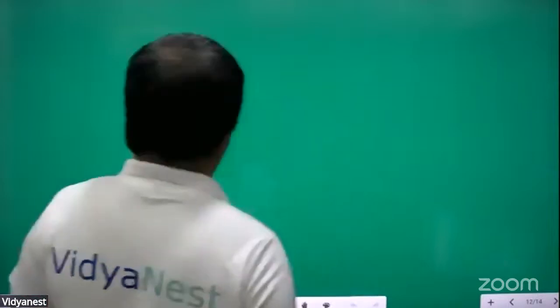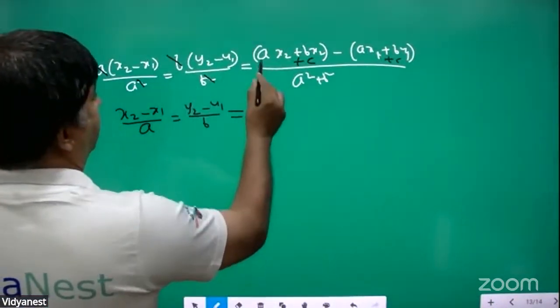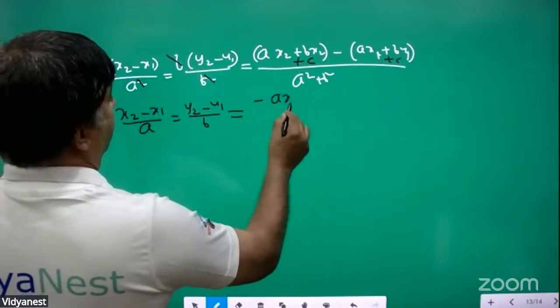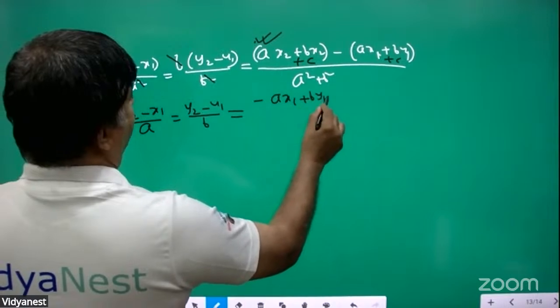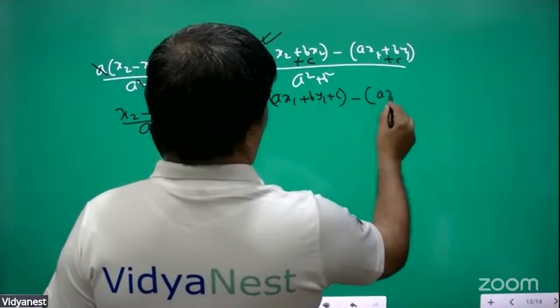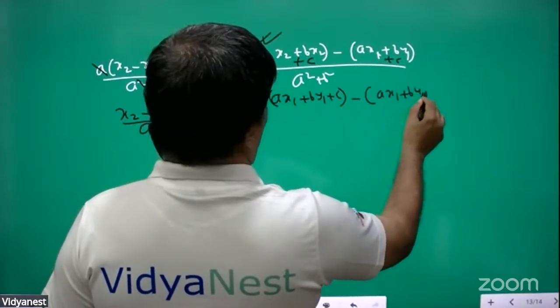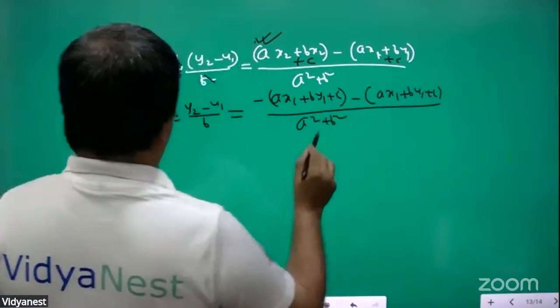So you can write, instead of this, minus ax1 plus by1 plus c by a square plus b square.